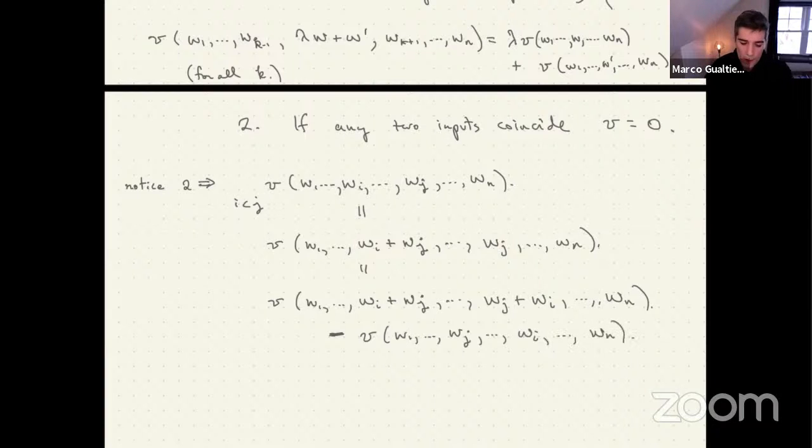Like this. All I did in this step was add a Wi and subtract the Wi, so I did nothing. Plus, and then minus Wi. And then notice that we have the same thing occurring here, so this is 0.